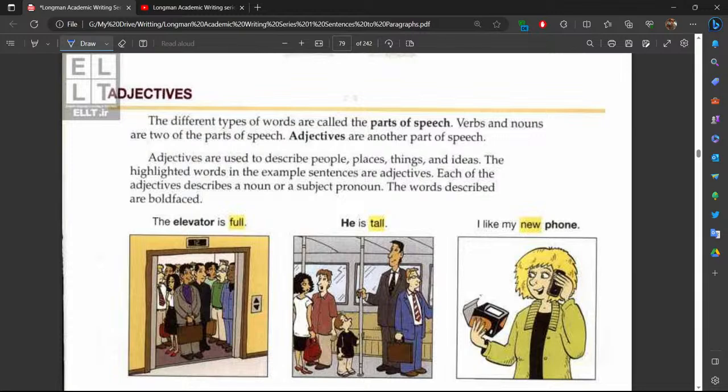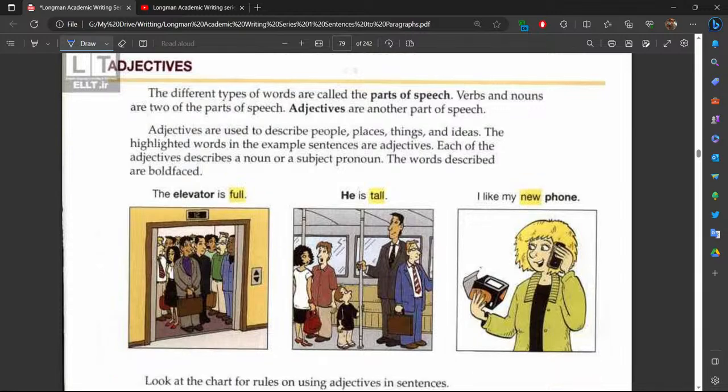The highlighted words in the example sentences are adjectives. Each of the adjectives describes a noun or a subject pronoun. The words described are bold-faced. The elevator is full. This full is an adjective describing the elevator. It shows too many people in there, and it is full. He is tall.